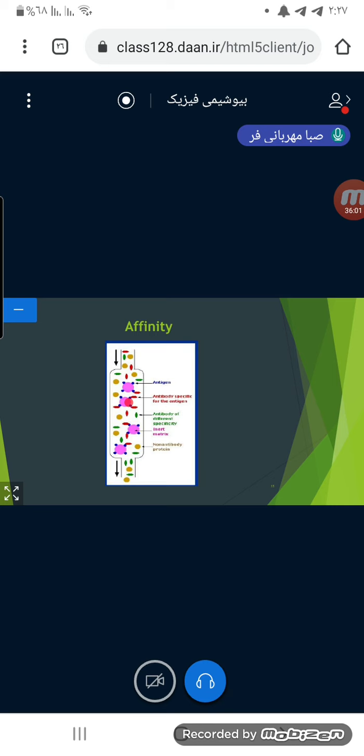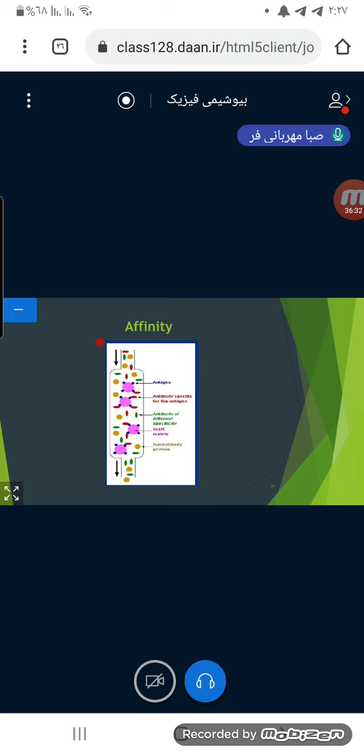I want to tell it in English. In affinity chromatography, we usually use, for example, imagine we want to separate an antigen from a mixture of proteins.